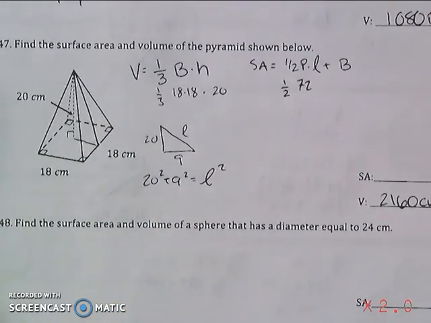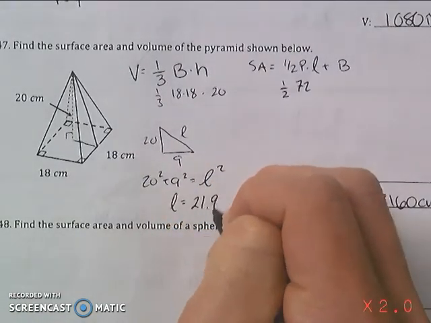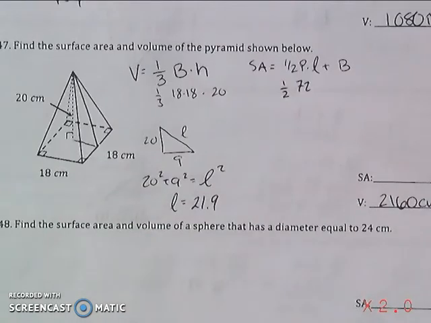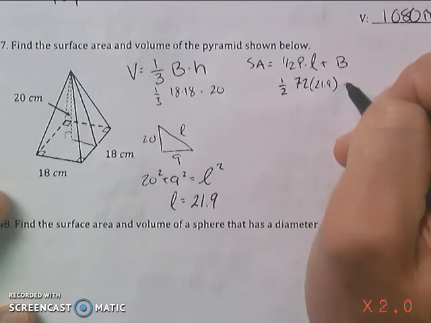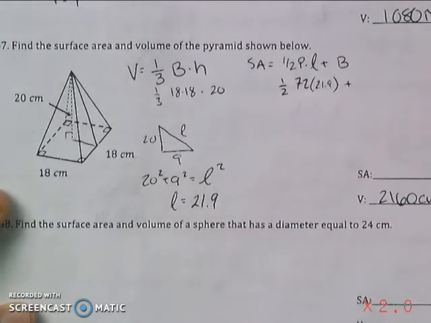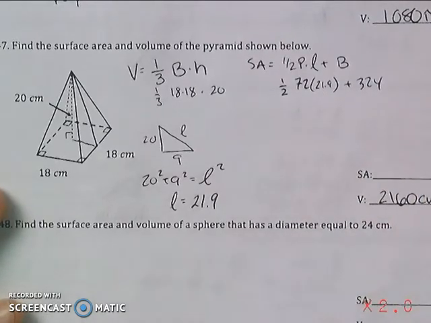So I got a calculator working for me over here. And unfortunately, we don't get a perfect square. We get 21.9 to be L. And we're just going to go with that as our rounded answer. Plus the area of the base, which was 18 squared, is 324. So let's go ahead and put all that into our calculator.